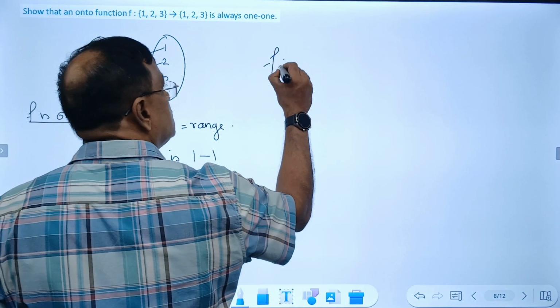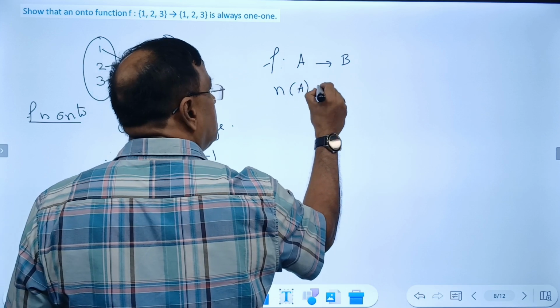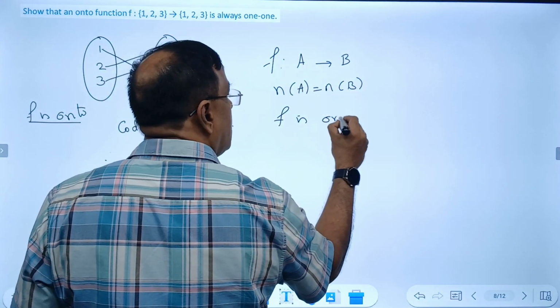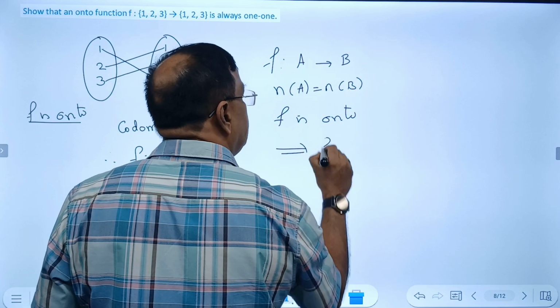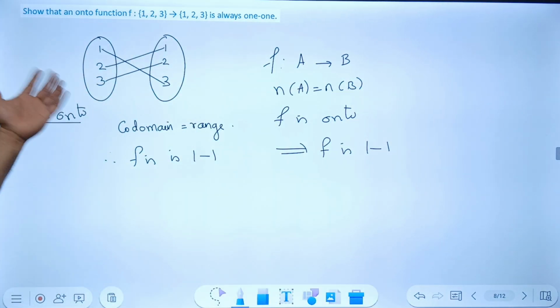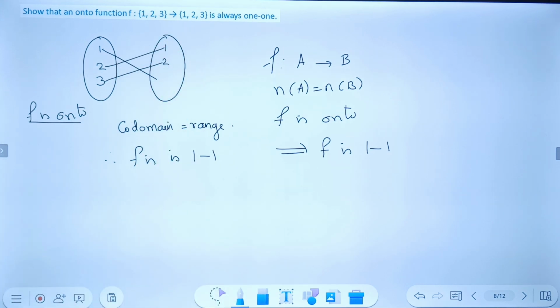If f is a function from A to B, if the number of elements in A equals the number of elements in B, and if f is onto, definitely f will be 1 to 1. Because if it is not 1 to 1, that means some element will be left out.